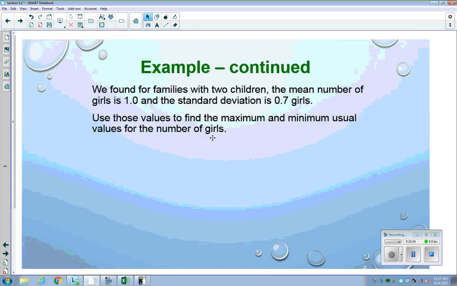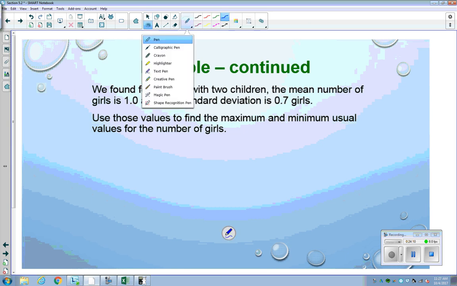So going to our number of girls. We found in the families of 2 children, the mean number of girls is 1.0. The standard deviation is 0.7. Use the values to decide the maximum and minimum of usual values for the number of girls.